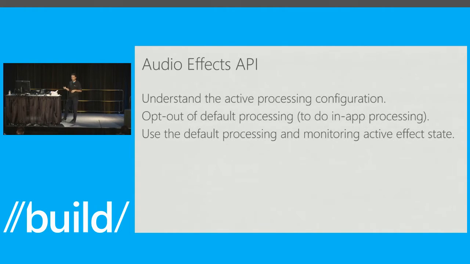Now, if you happen to go with the default settings, you also, through these APIs, will have the option of monitoring the active state and any changes in these active states. So this will allow you to react to a user, for example, going ahead and changing a bunch of settings, adding new effects, and so messing up your scenario. You will be able to react to those using the audio effects APIs.